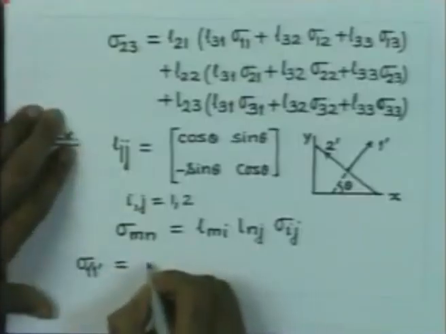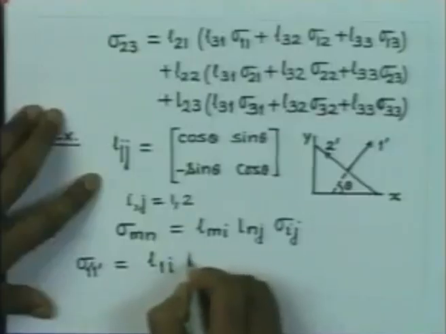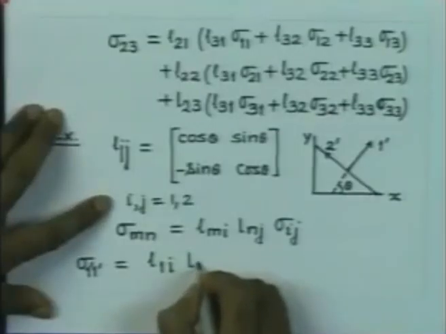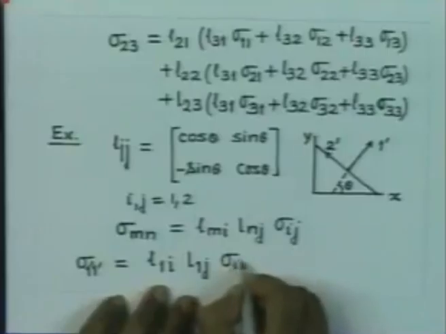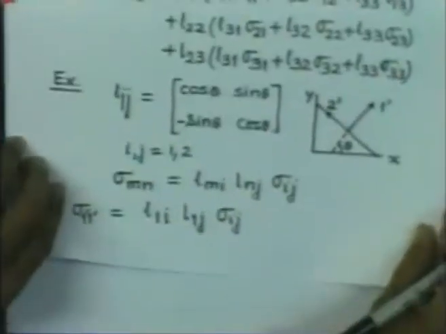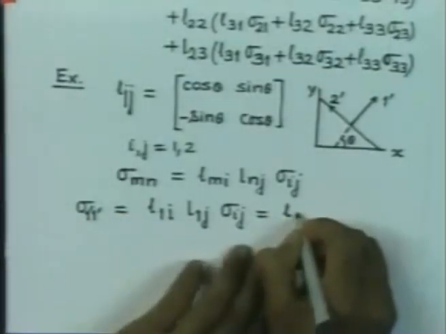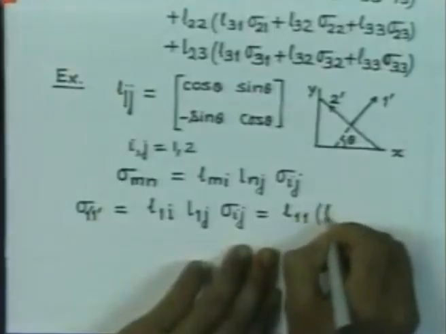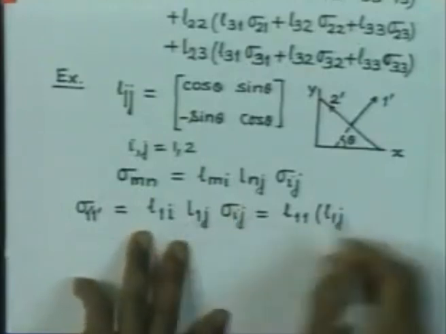This is nothing but L 1i L 1j into sigma ij.